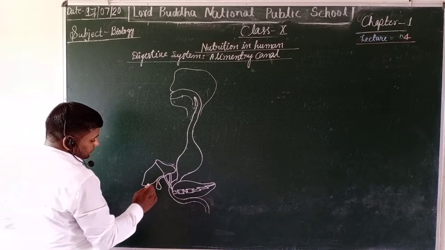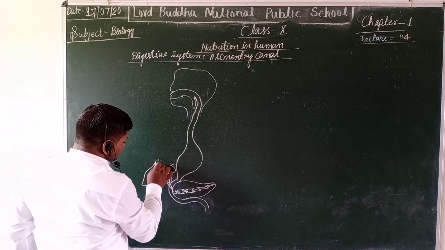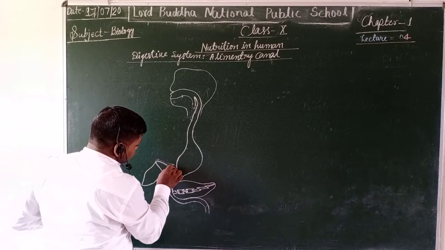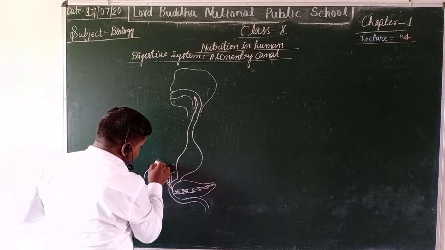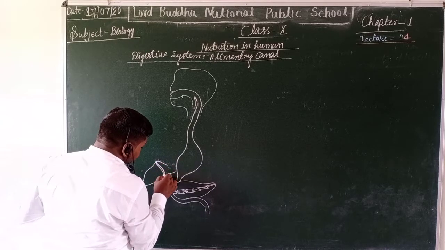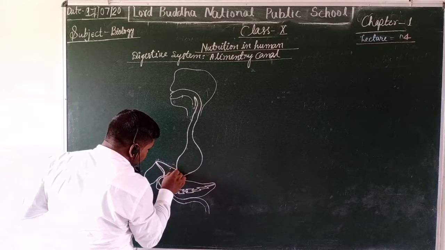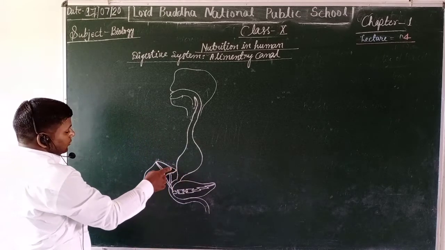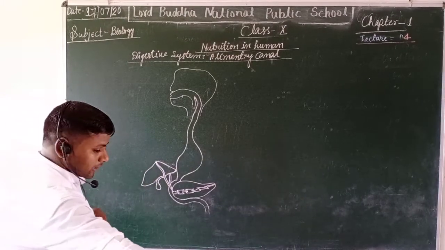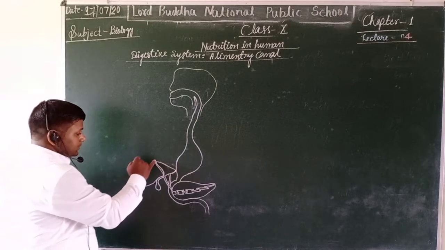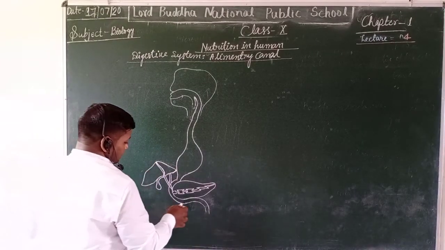Inside the gallbladder, the bile juice is stored, which is synthesized by the liver, that helps in breakdown of food substances from complex to simple form.